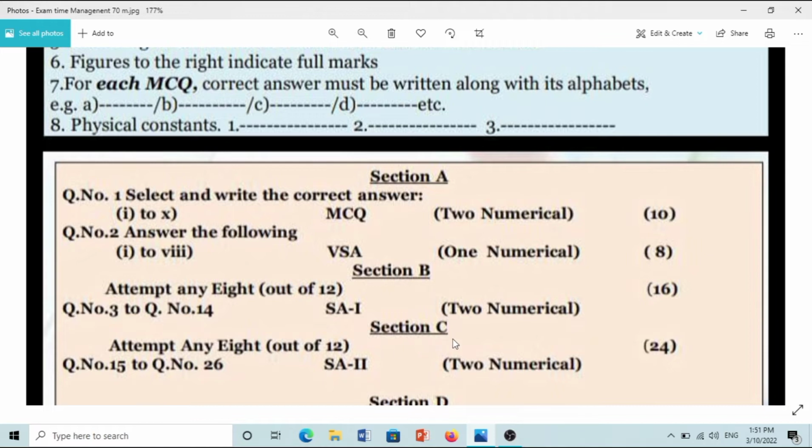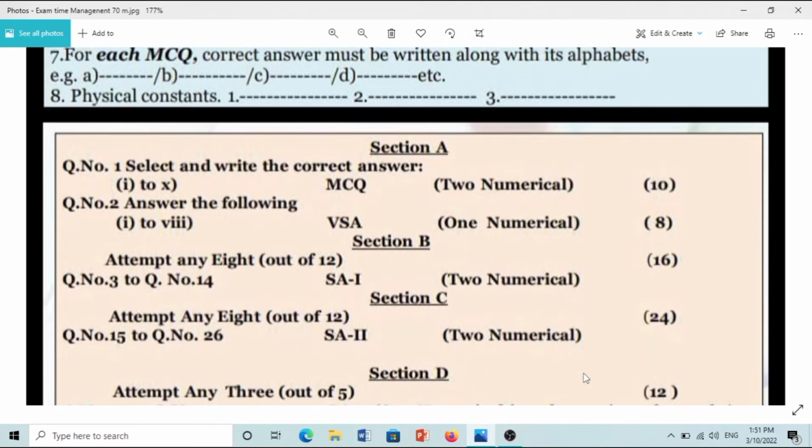In Section C, again there are 12 questions, from question number 15 to question number 26. Again, out of the 12, you should write 8 questions, but each question carries 3 marks.